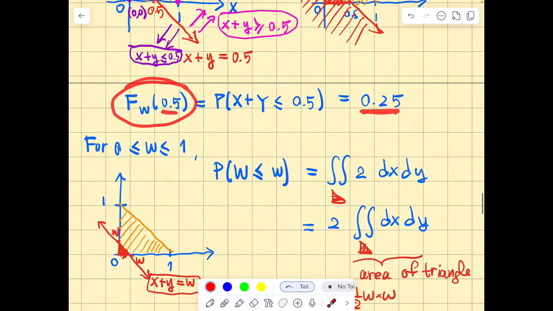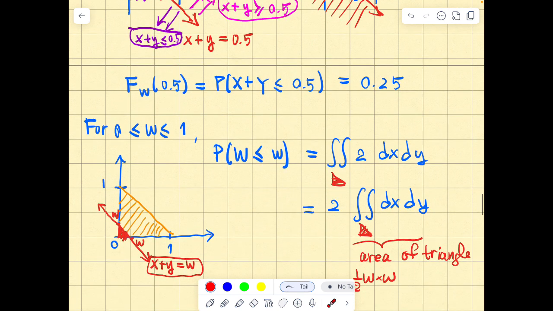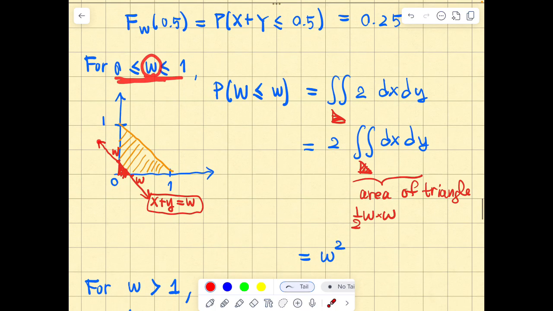Now we have some idea, so we're going to generalize this. So let's say w, the number, is between 0 and 1. So that means this straight line x plus y equal to w is going to be within this orange area. For example, when x plus y equal to 1, it's exactly here. When x plus y equal to 0, it's going to be this straight line.